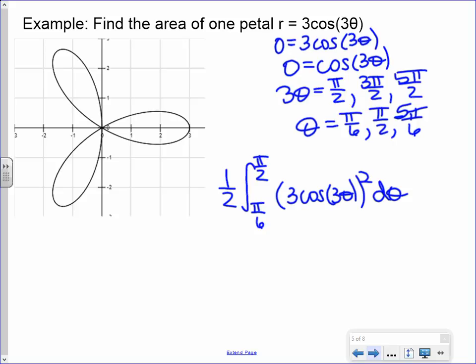Could you also go, let's say, 0 to pi over 6, then multiply it by 2? Could you do that? Yes, you could. It's probably going to look nicer this way. If you did 0 to... No, wait.